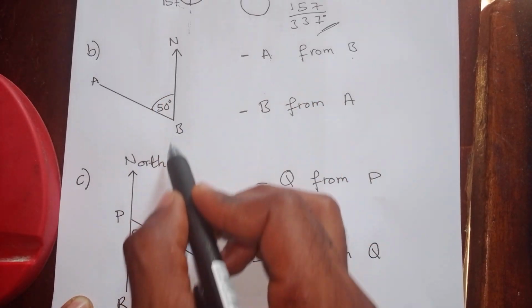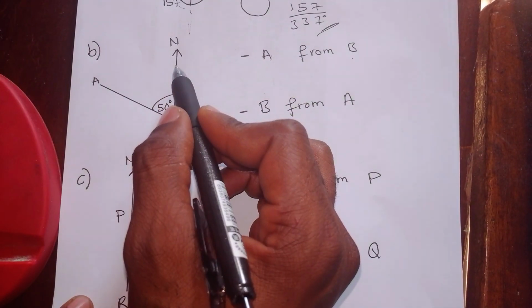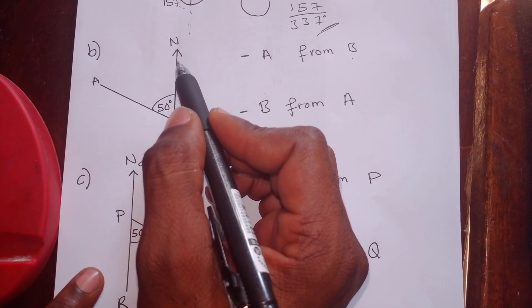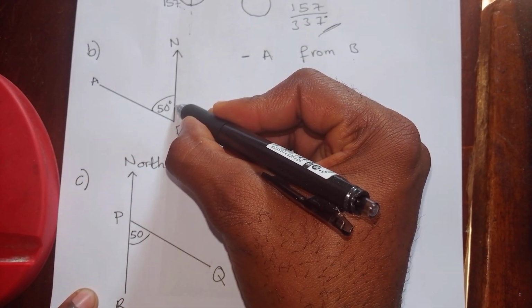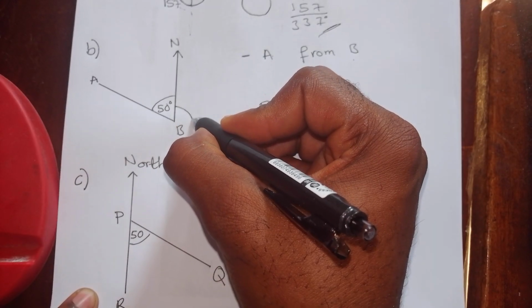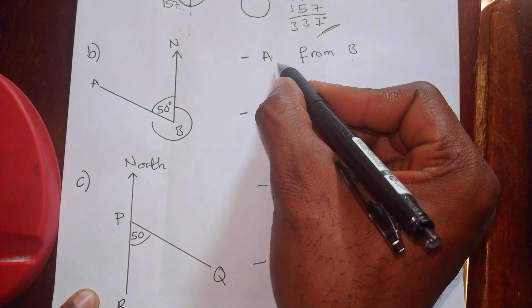But fortunately, you already have a north line on B, so you can just go ahead and take the next step, which is drawing an arc from the north line in the clockwise direction all the way to A.